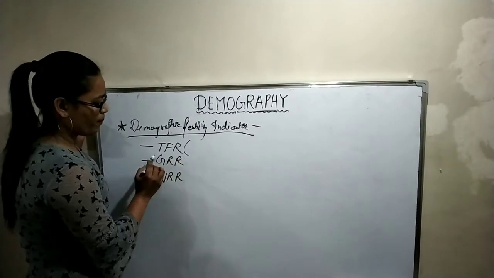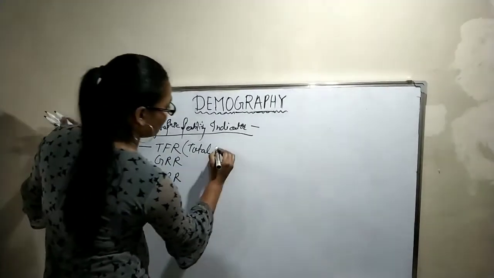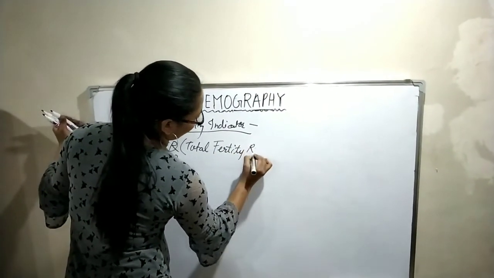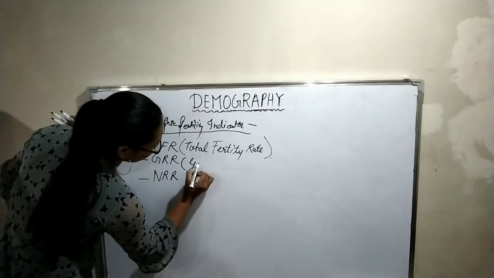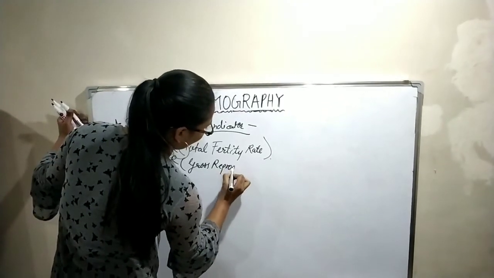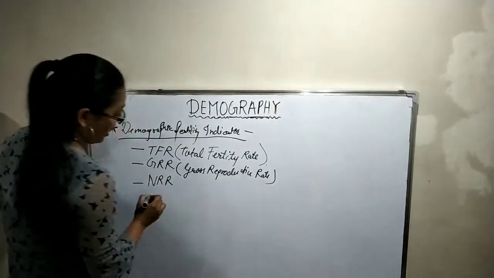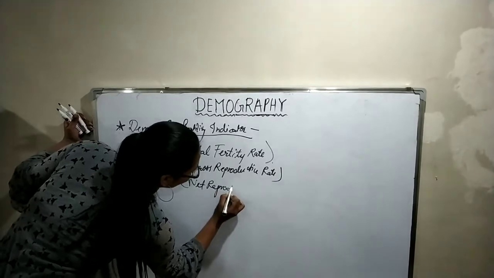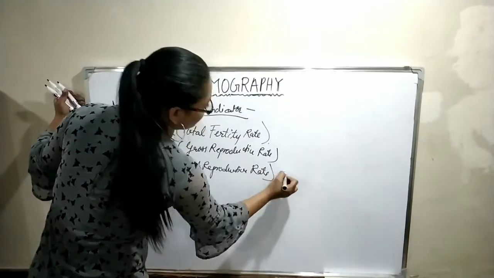This is total fertility rate. GRR is gross reproductive rate, and NRR is net reproductive rate. Now we'll discuss one by one.